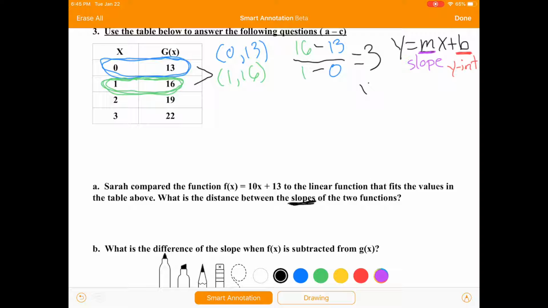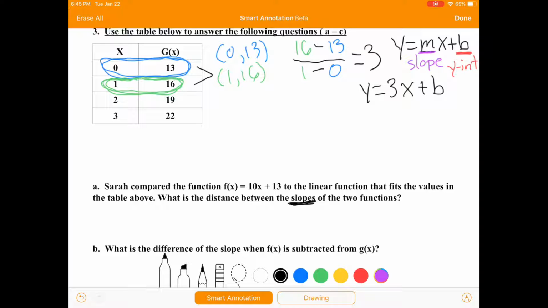We've got y equals 3x plus b. On the other problems we reviewed today, we know how to solve for b. We solve for b by choosing any ordered pair from the table and plugging it in for x and y.